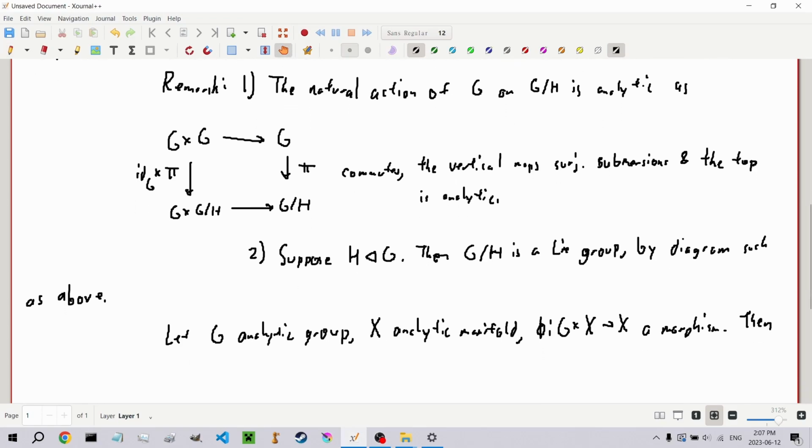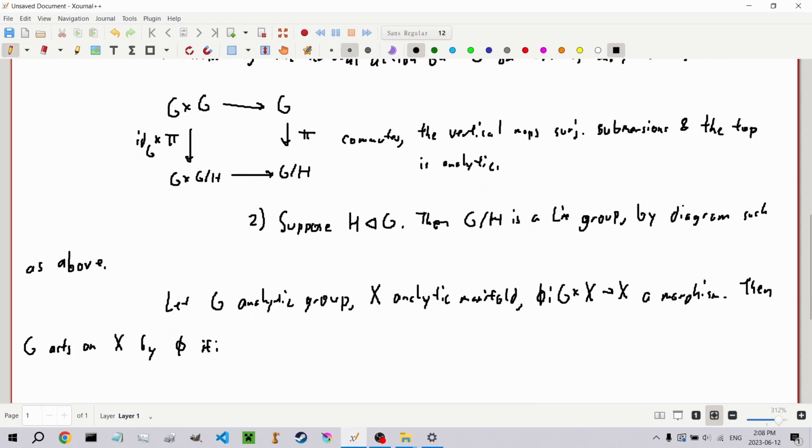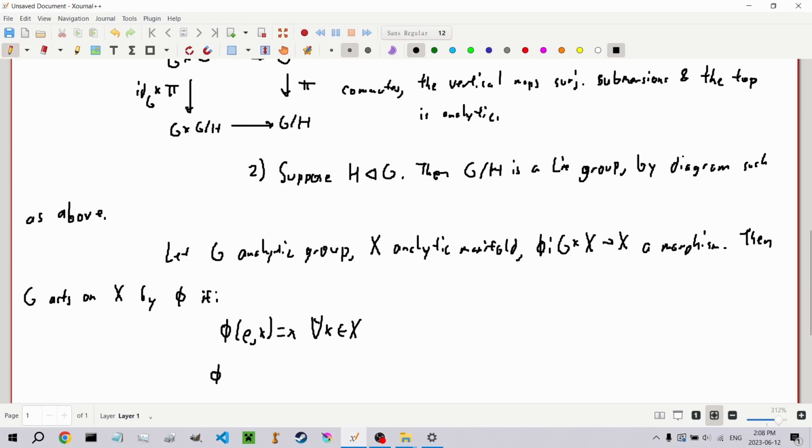Then we see that G acts on X by phi if, first off, phi of e, x is x, of course, for all x in X, and if phi of g, phi of h, x is phi of g times h, x for all g, h in G and x in X.